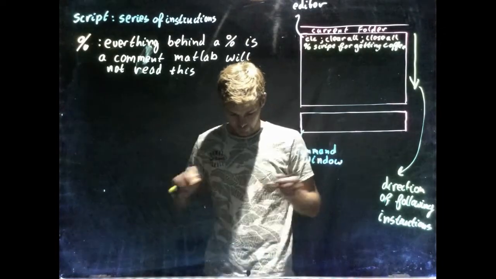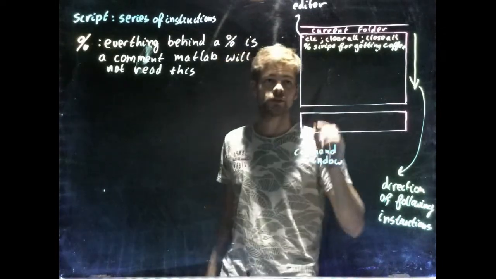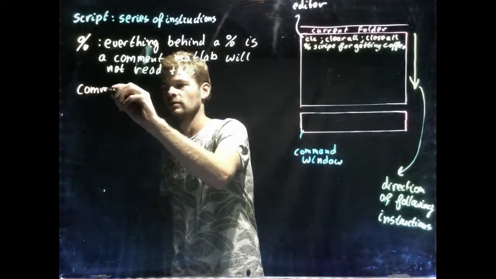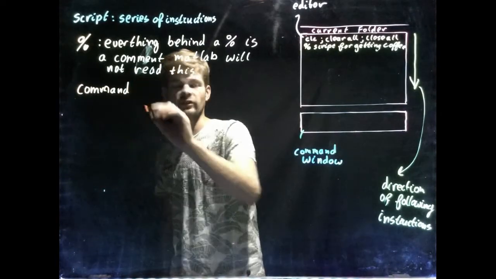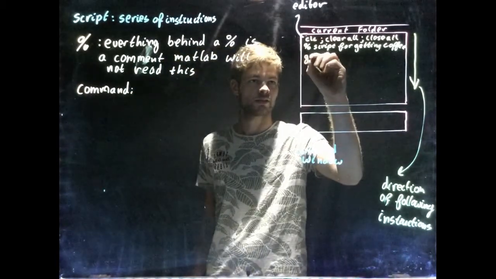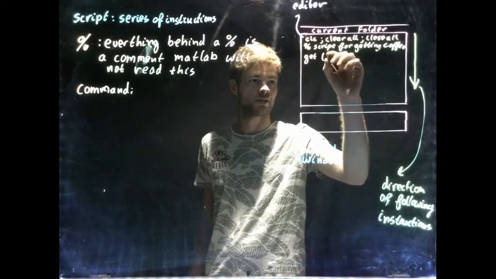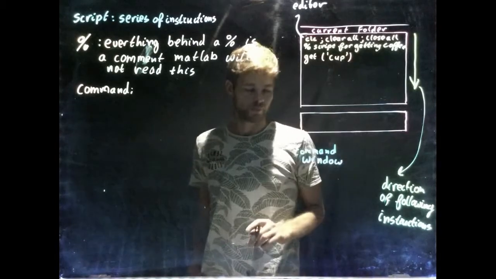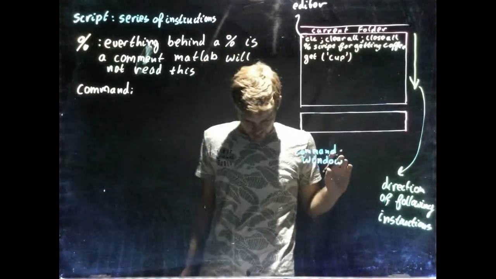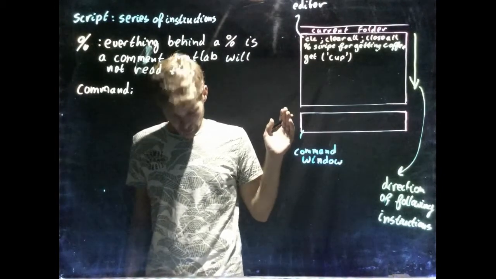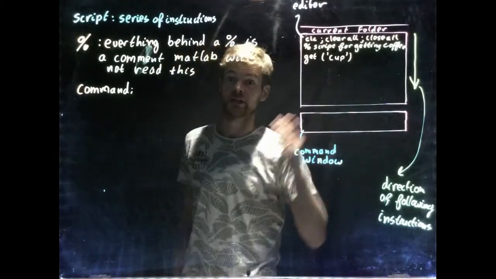So the first thing I'm going to do is add a comment. For instance, my comment will be: get a cup. In the case of getting coffee, it's useful to get a cup.